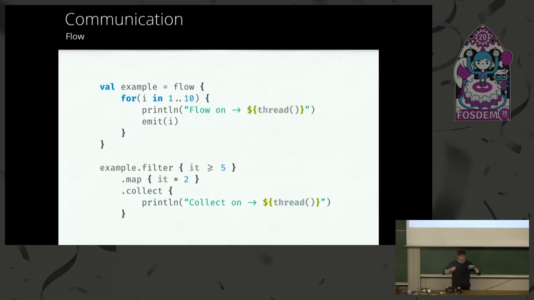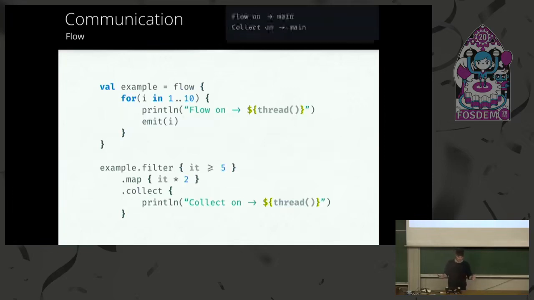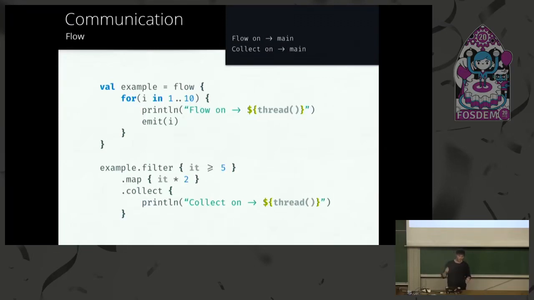So now we still have that function main runBlocking, so we're running on main, both flow on main and collect on main. But usually we don't want to do that. We want to have a background job. So we can add the flowOn, which decides that all the preceding operators that don't have their own context are going to use this one instead.